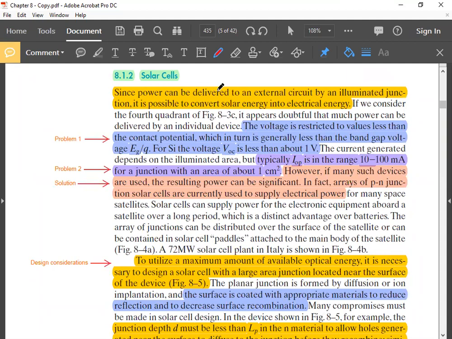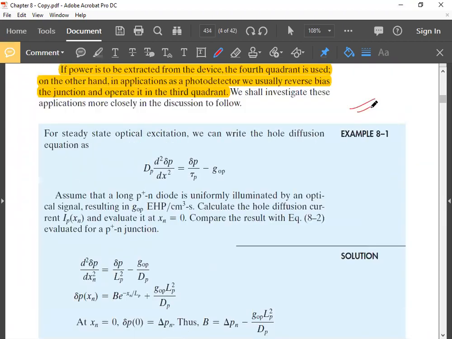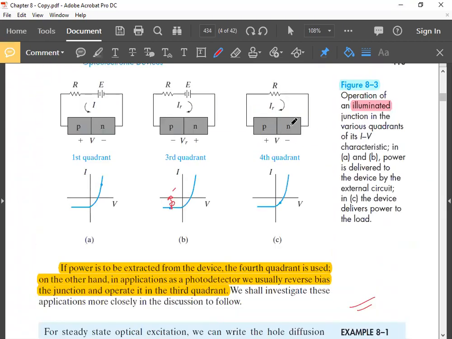So since power can be delivered to an external circuit by an illuminated junction, it is possible to convert solar energy into electrical energy. What was happening here, since this is an illuminated junction, you just connect these two terminals through a resistor, current will flow because of illumination, and this current is generated by optical means, right?